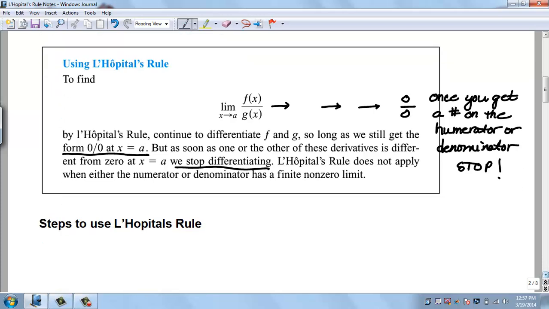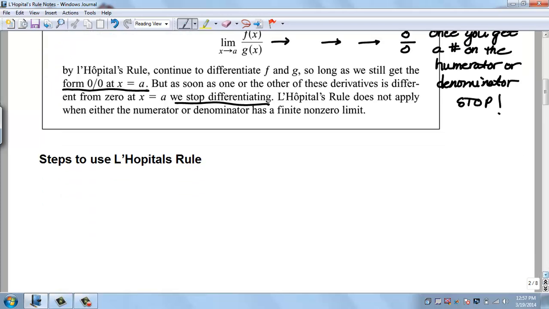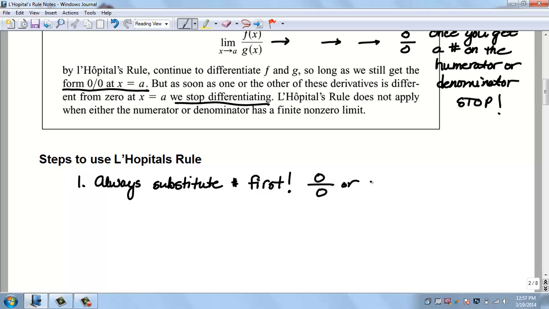Okay? So steps to using L'Hopital's rule. One is to always substitute the number that you're approaching first. So you'll have 0 over 0 or infinity over infinity.